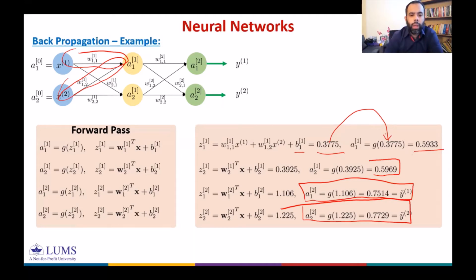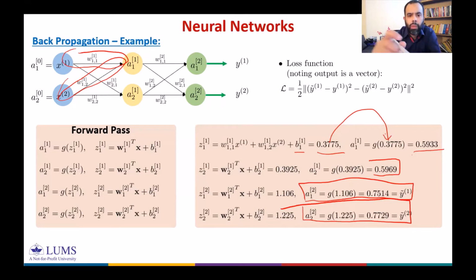Okay. So once we have Y1 tilde and Y2 tilde, we can compute the loss, right? Since the output is a vector, we can determine the square of the Euclidean norm, which is simply the first predicted output minus actual output, squared. Sorry, this should be plus.